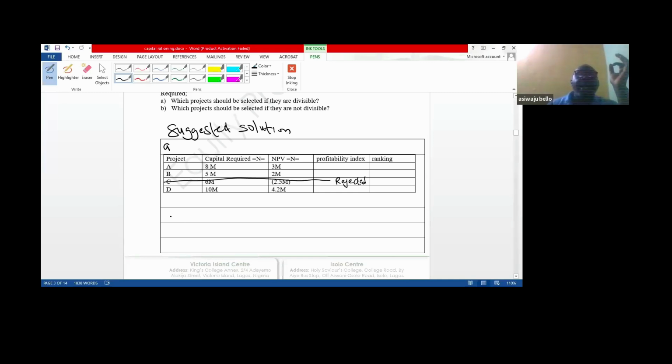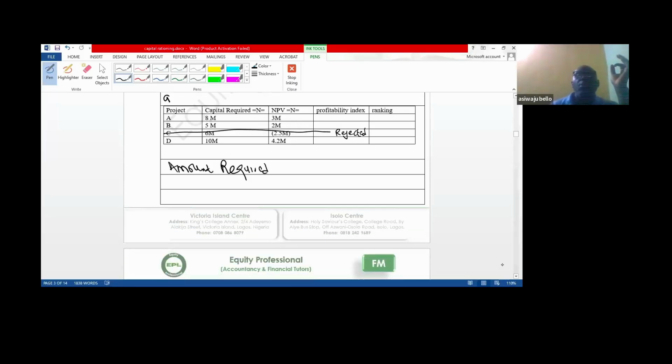That means the amount required to undertake all positive NPV projects is 8 million plus 5 million plus 10 million, 23 million. Now go and check the capital available.